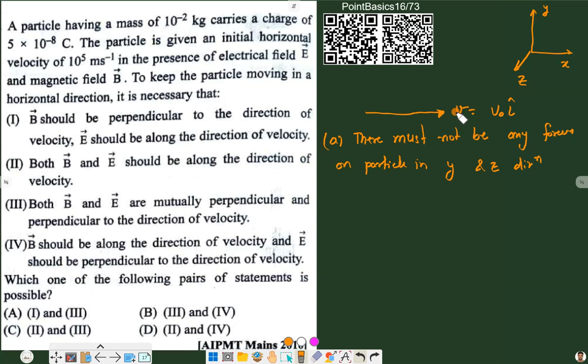That's the one thing. And if force cannot be in y and z direction, what does it mean? These forces in y and z are the perpendicular forces.